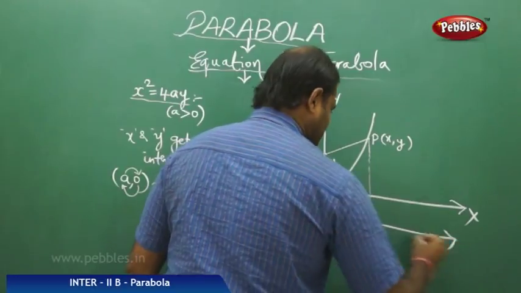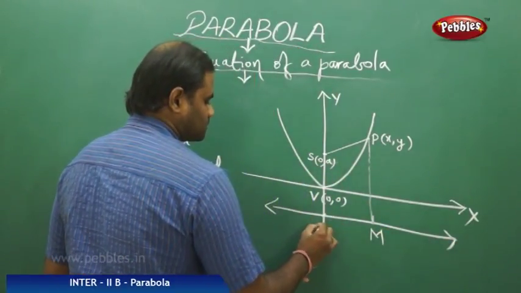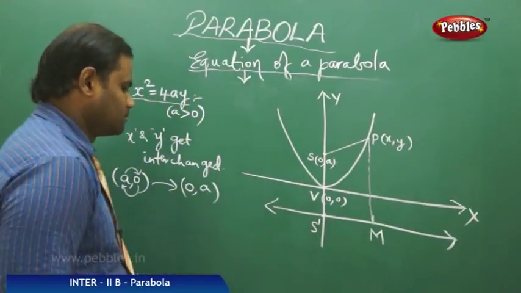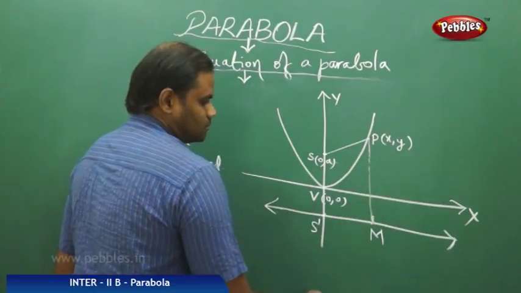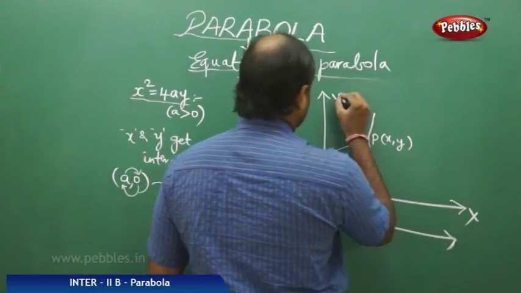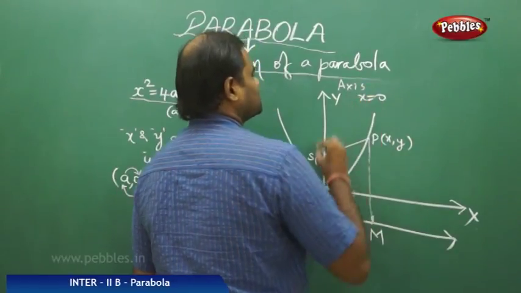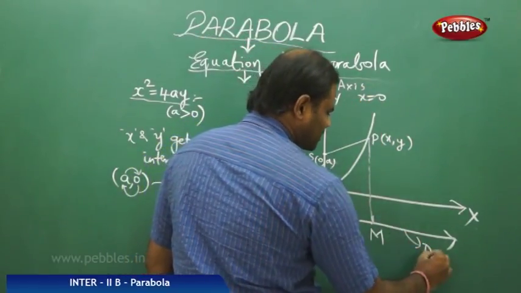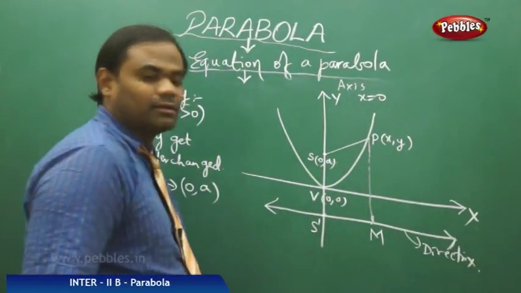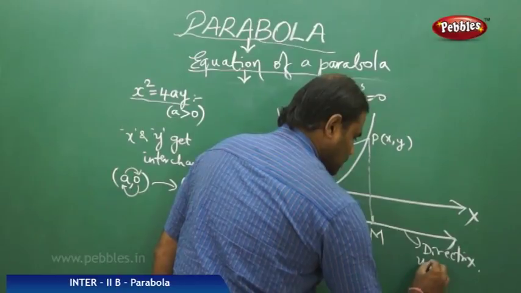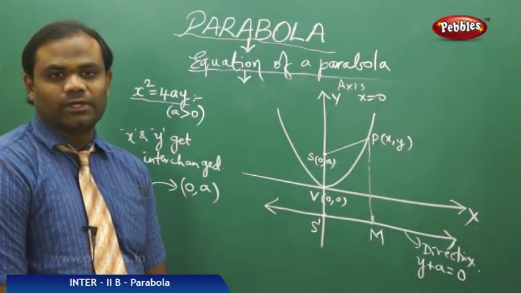I get the directrix with this perpendicular to this. So the axis out here is this, given by the equation x equal to 0, and the directrix is here, given by the equation y plus a equals 0, is what we get.